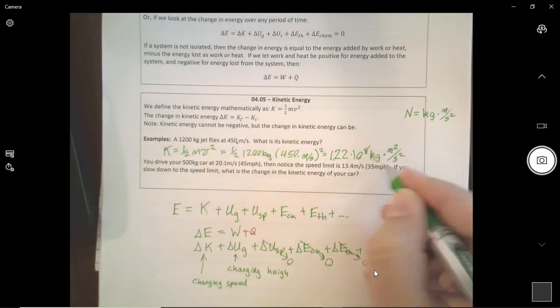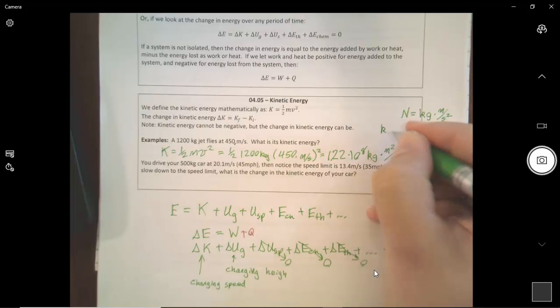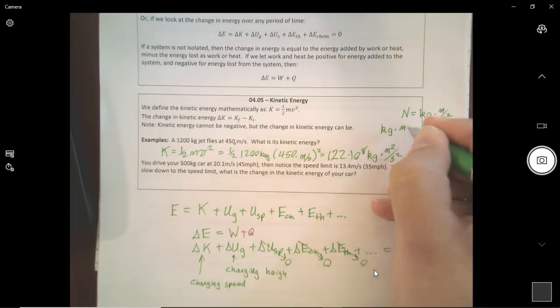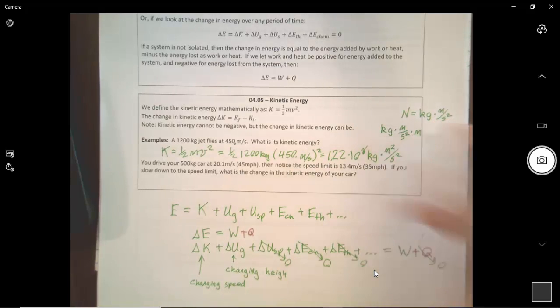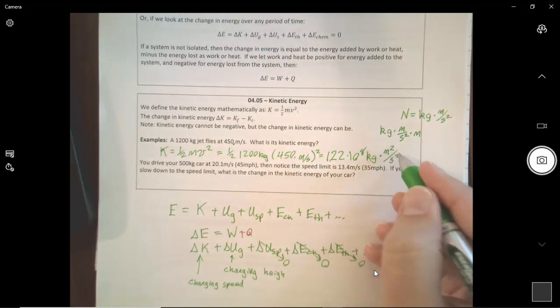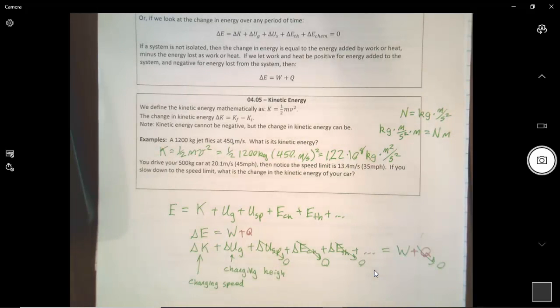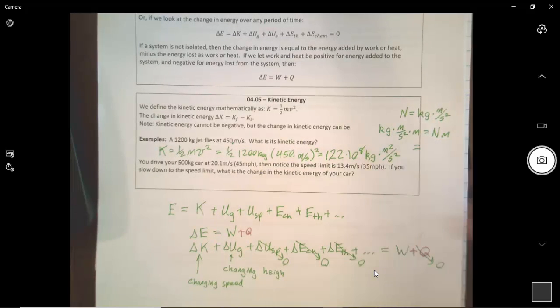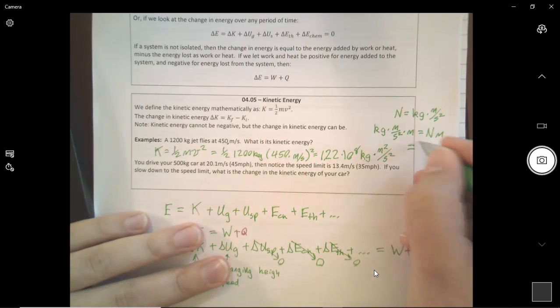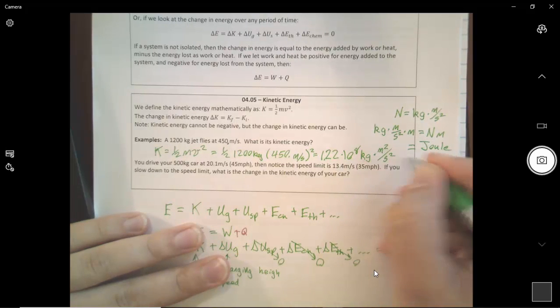So this, a kilogram times a meter per second squared times a meter, is a newton times a meter. And we have a name for this unit. This is called a joule. And we give it the letter J.